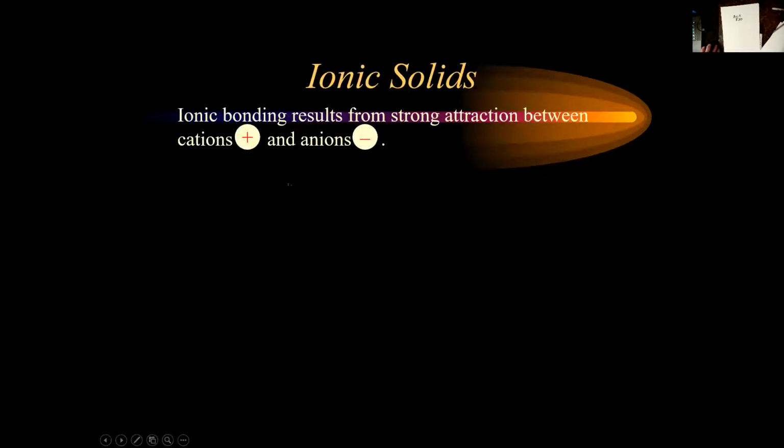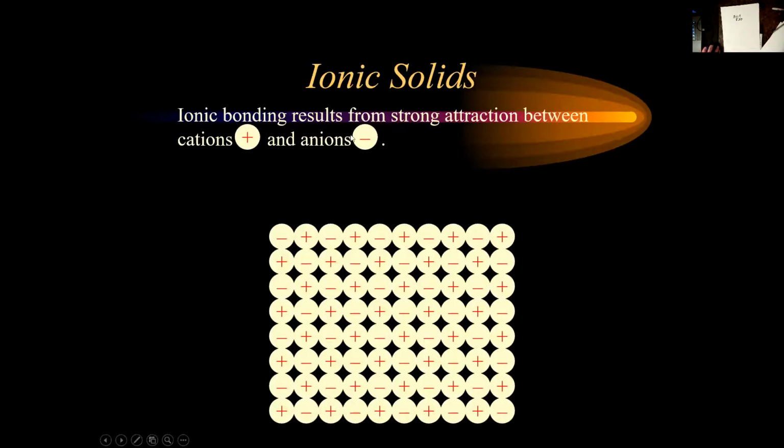Now, if you imagine positive and negative ions, I've shown them here, little circles with red charges inside. If you put them together, what's going to happen is you're going to build a pattern like this. If I just took two charges and brought them together, they would come together till they touch. Now, if I brought a third one in, imagine your two hands in front of you.